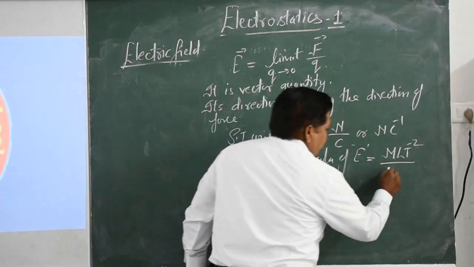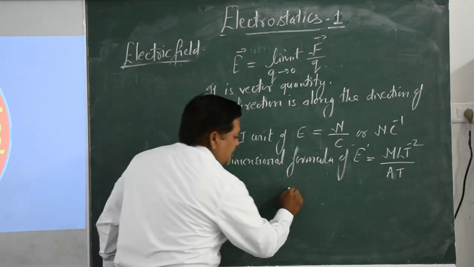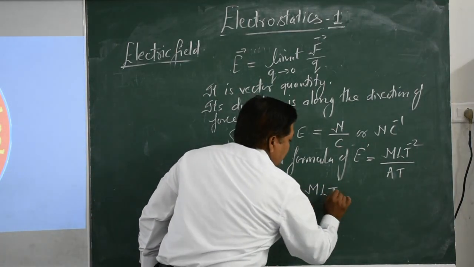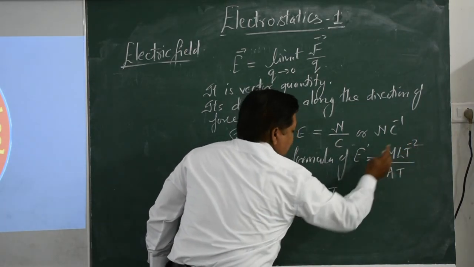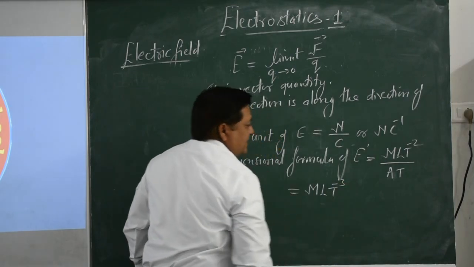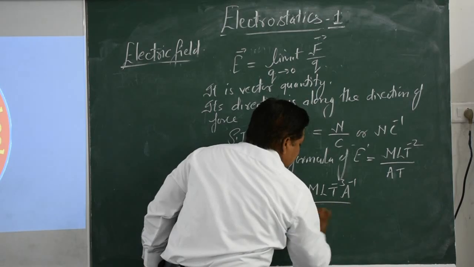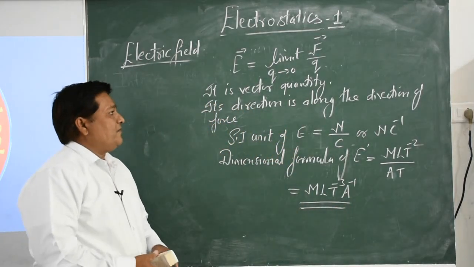So the dimensional form of electric field will become MLT to the power minus 2 divided by AT, that is T to the power minus 1 minus 2, which becomes minus 3, and A goes up, so it becomes A inverse. This is the dimensional form of intensity of electric field.